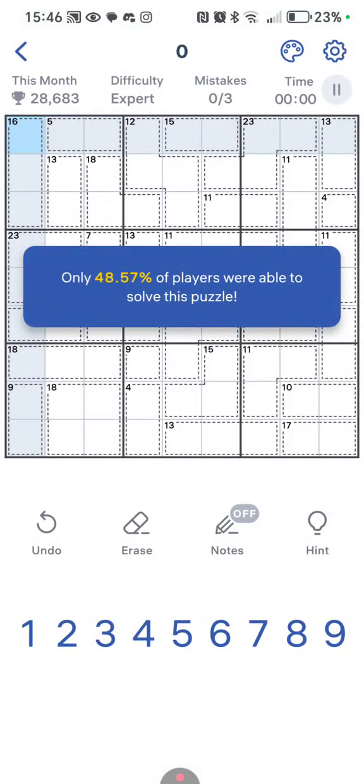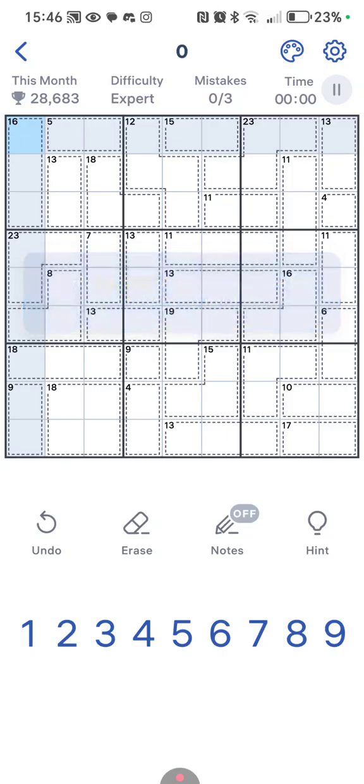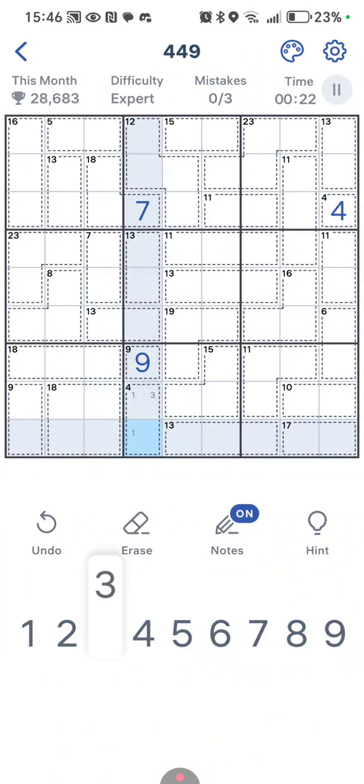Let's try another one. So, straight away, I see a remainder. 31 plus 16 plus 5, 7. I can see a 9 down there. 4 over there. 1 and 3 here. 1 and 5 here.